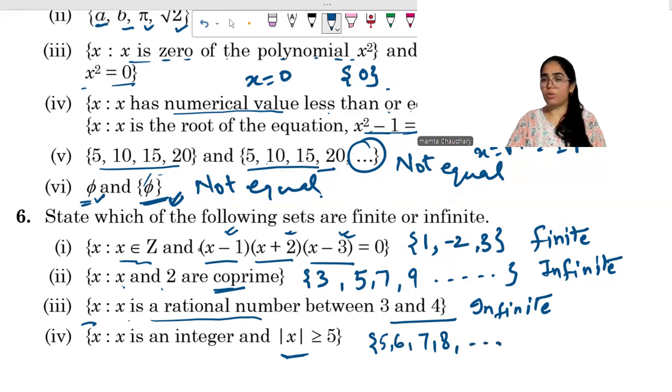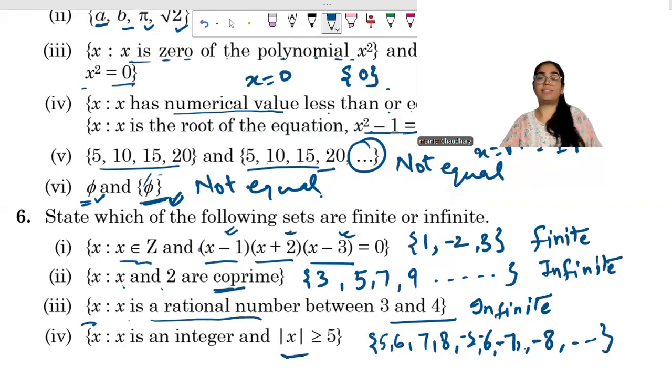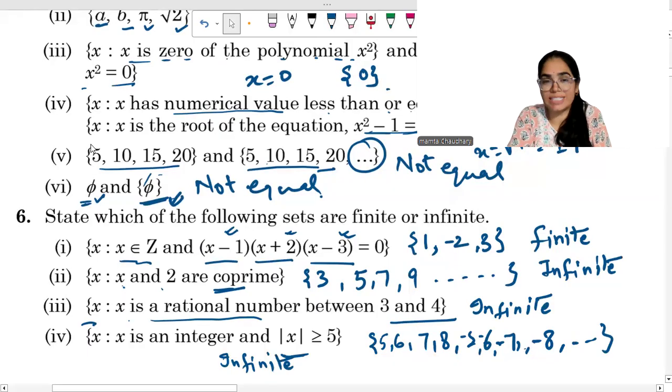Can I take negatives also? Yes, you can take negatives also: -5, -6, -7, -8. Like that, many numbers you can take. And basically, it is an infinite set because here the number of elements is not countable.